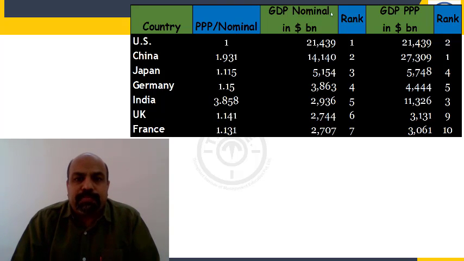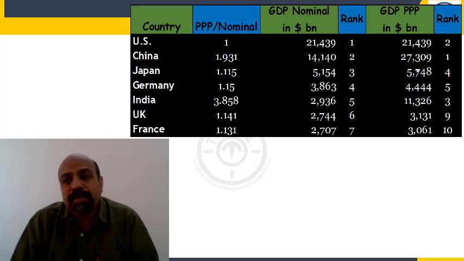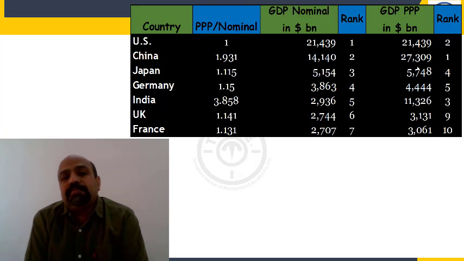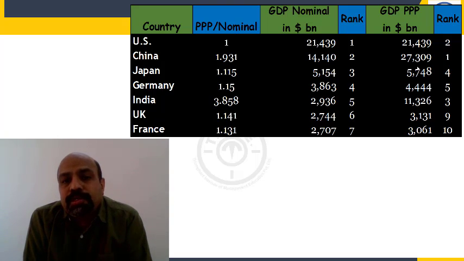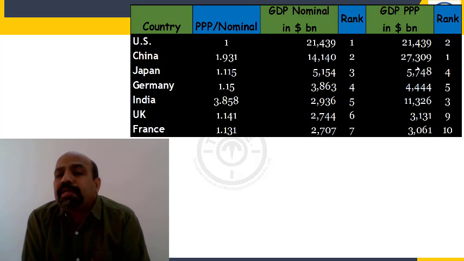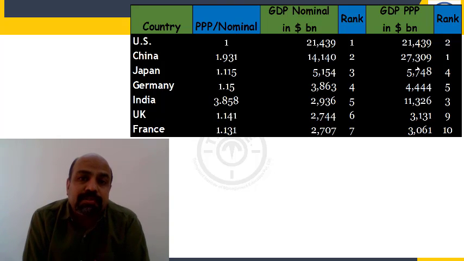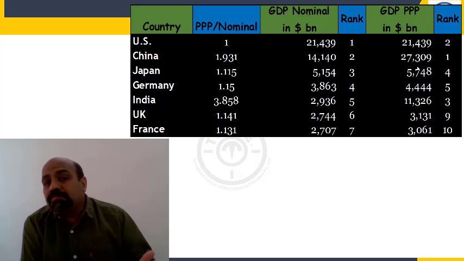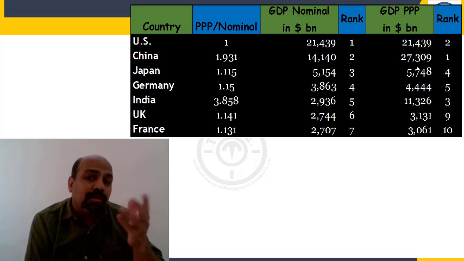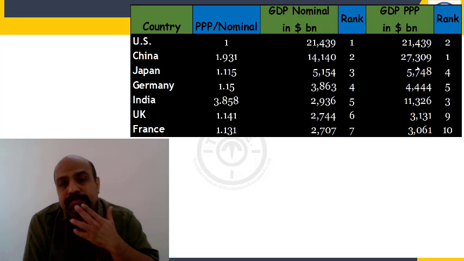So you divide purchasing power parity by nominal, you get 1.9. So $14,140 billion into 1.93, you get 27,309 billion dollars. So the Chinese GDP is almost double what it is in nominal terms.